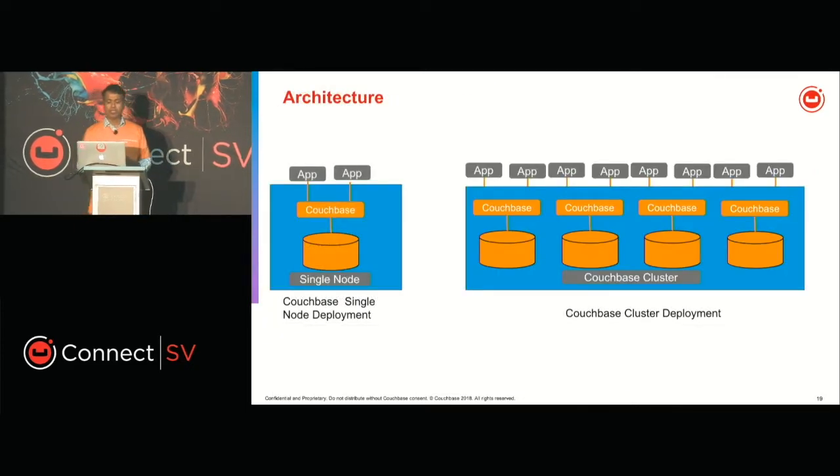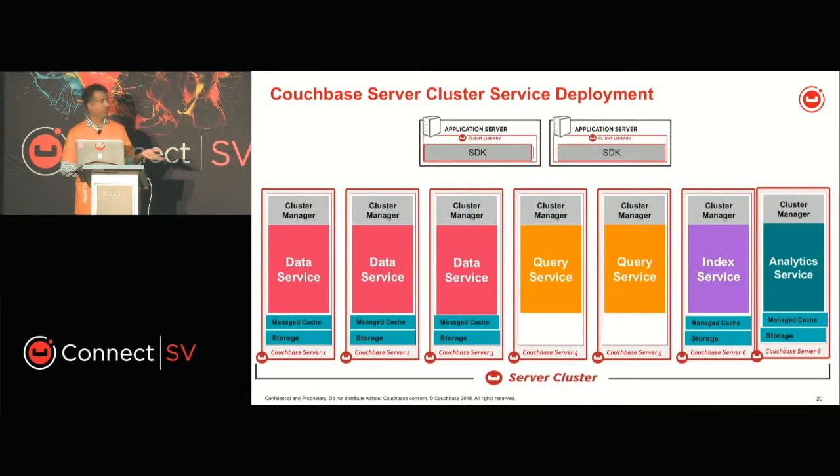Okay, architecture. It's a simple architecture: Couchbase can be run on your laptop as well as a large cluster. Let's go deeper into it. Typically, people deploy multiple services, each service on distinct nodes. So you can have 3 data services, 2 query services, 1 index service, and an analytics service.